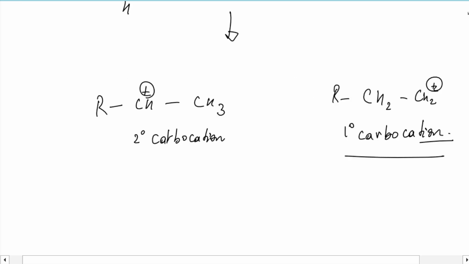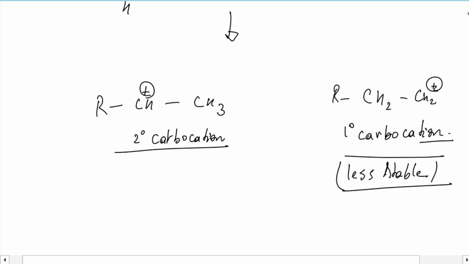The primary carbocation being less stable, the reaction will not proceed through this, and the secondary carbocation being more stable, the reaction will definitely proceed through this only.